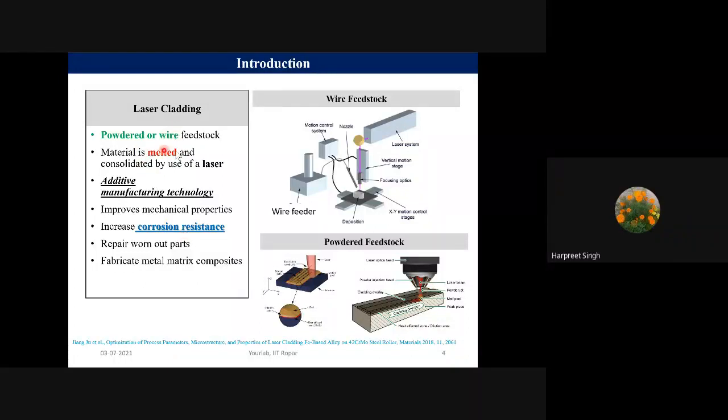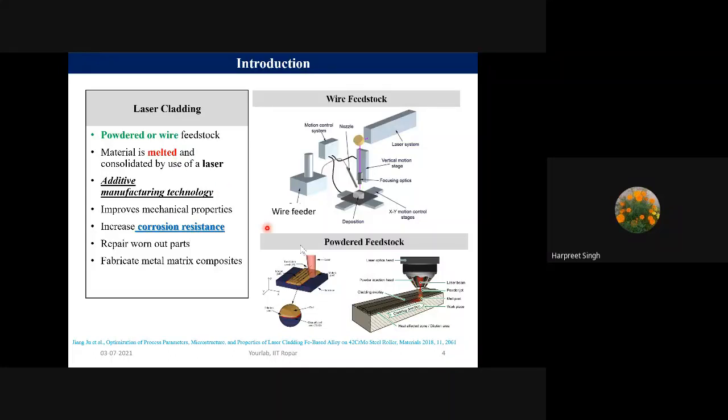Whenever material is melted, we know from a metallurgical point of view that we are in danger of spoiling the properties of the material. Of course, there are ways and means by which we can shield these materials when they are melted to avoid oxidation and things like that, but that comes at some added cost.